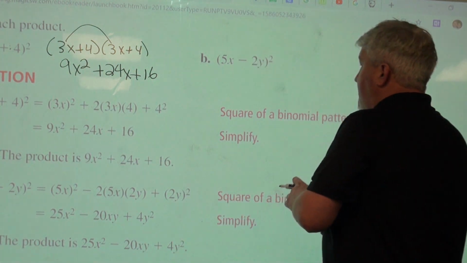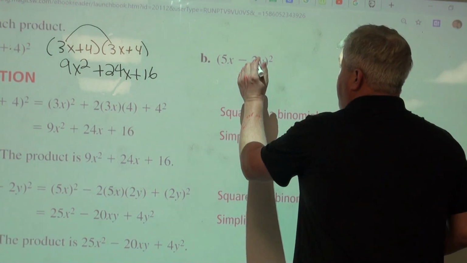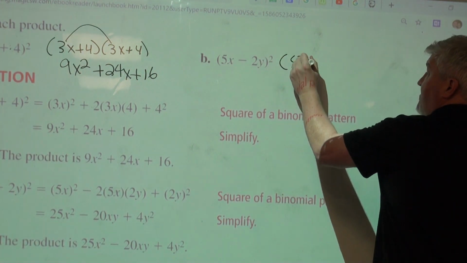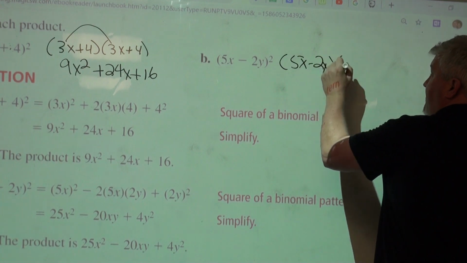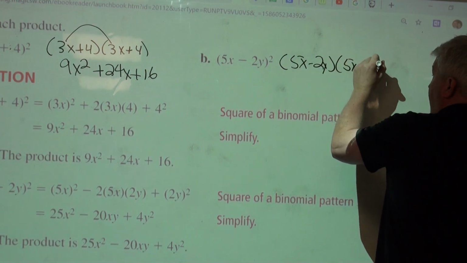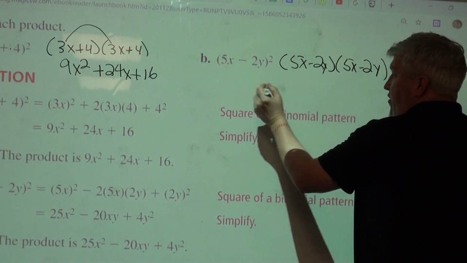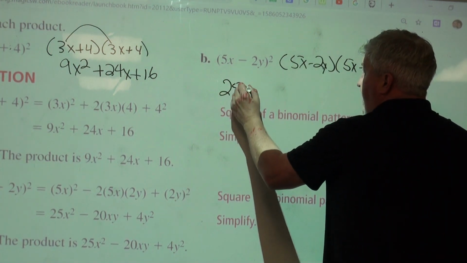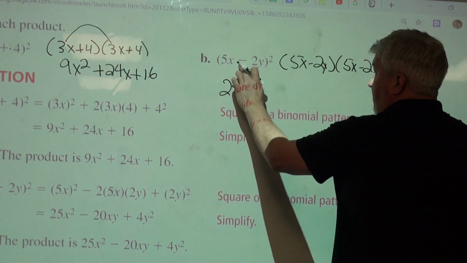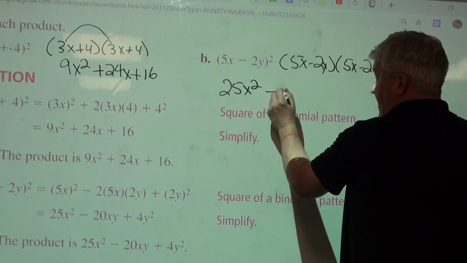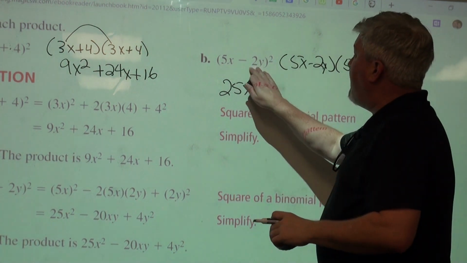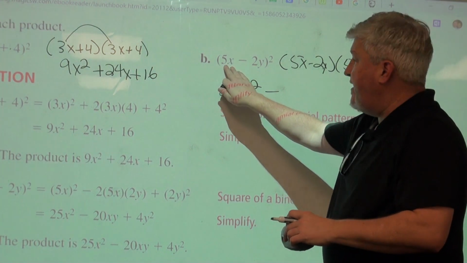All right, here it is with minus, which is 5x minus 2y times 5x minus 2y. Same thing, multiply the two terms at the beginning together, you get 25x squared. Now it's a minus, not a plus, so it's minus. Multiply the two together, I get minus 10xy.